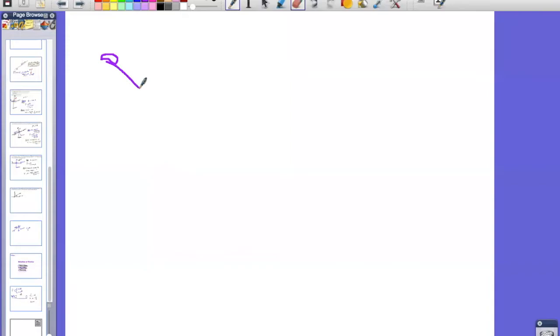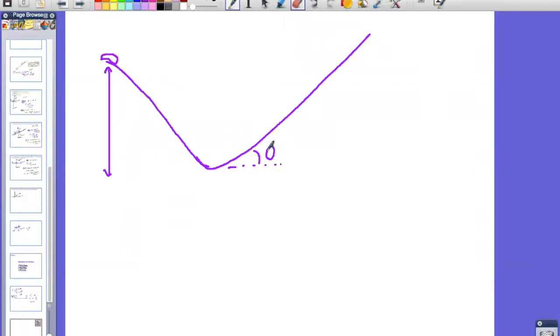The person slides down. You'll be told how high this mountain is. As he reaches the bottom, he slides up a rough inclined plane. This plane is inclined at some angle, theta. This person slides freely down, so you should know the person's velocity at this point, right? And then they will ask you, at what point will the person stop on this hill?